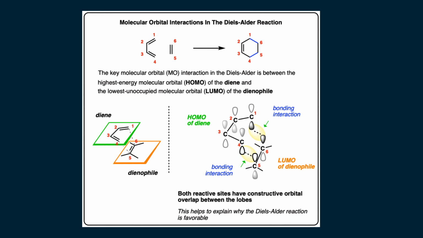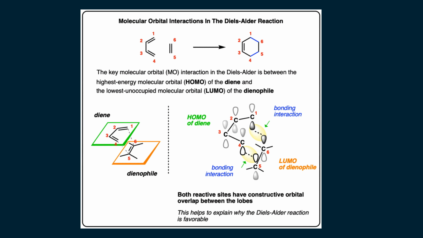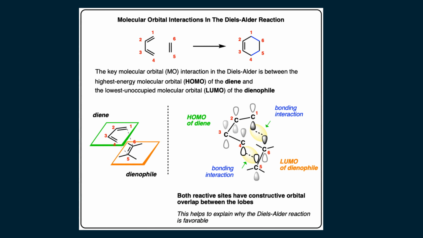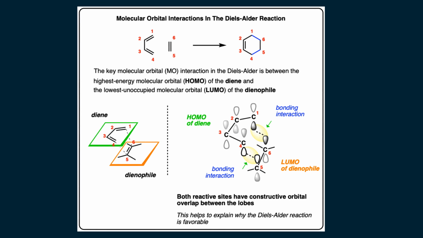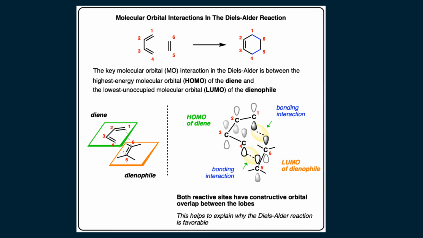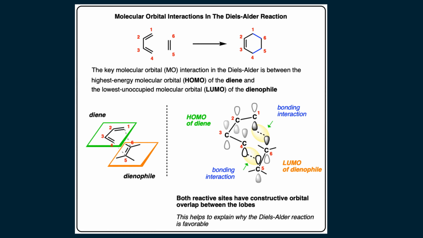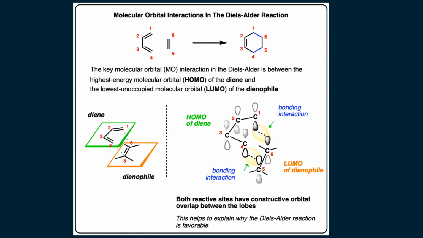Orbital symmetry and HOMO-LUMO in DA reactions. Diels-Alder reactions are thermally allowed cycloadditions that occur via a concerted suprafacial pathway, in which the diene's HOMO, highest occupied molecular orbital, interacts with the dienophile's LUMO, lowest unoccupied molecular orbital.